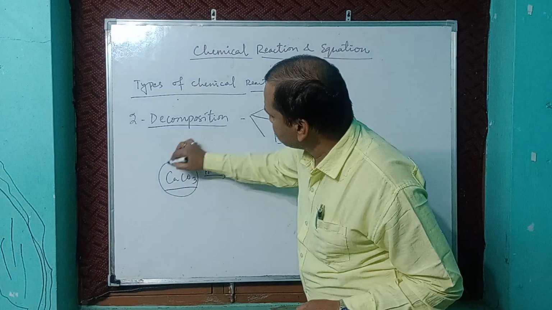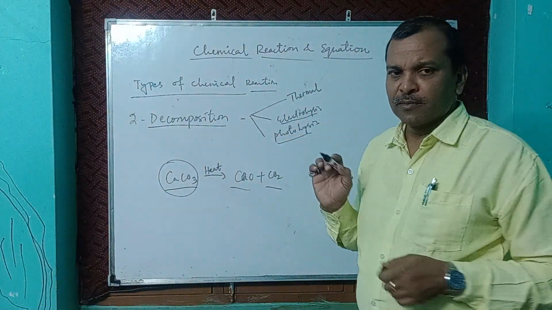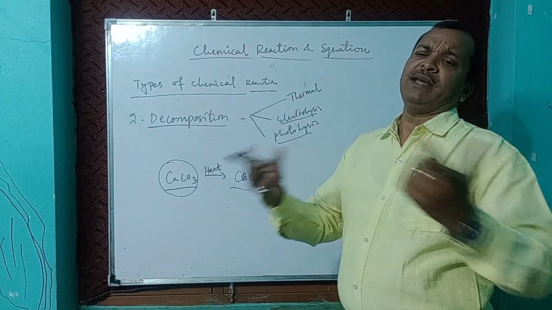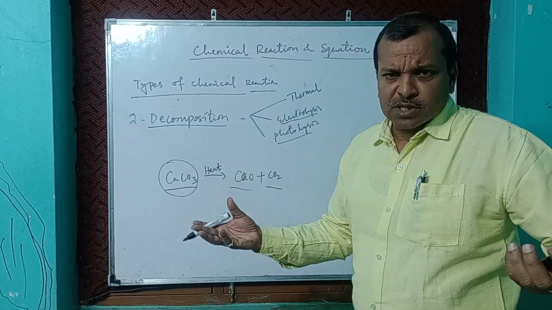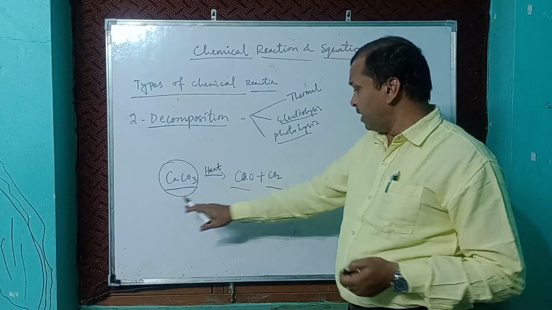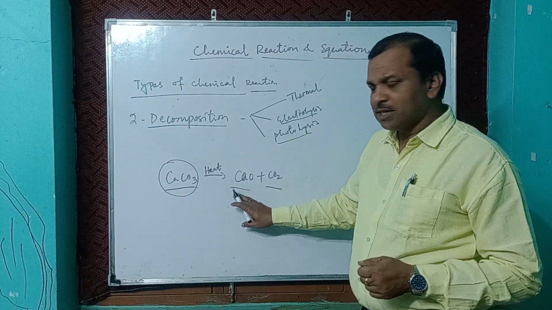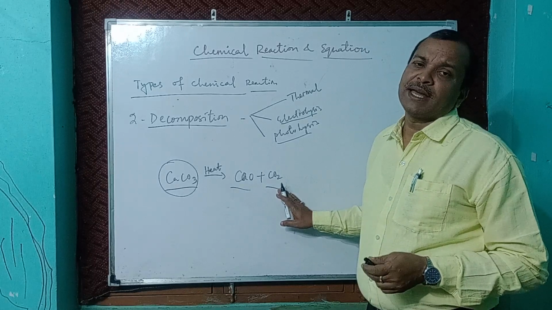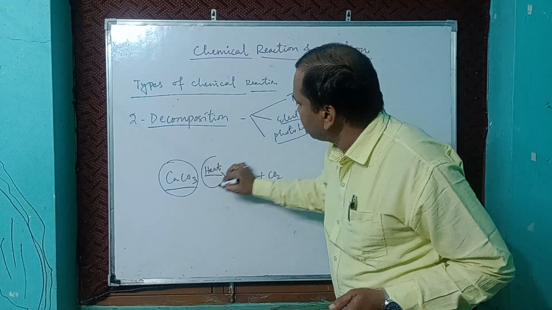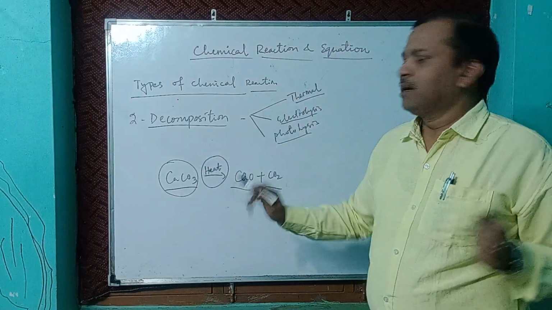From one substance we got two. Already I told you that one substance will be split into two or more substances, that is called decomposition reaction. What happened here? CaCO3 decomposed into calcium oxide and CO2 gas will liberate. This is thermal. Heat is required.